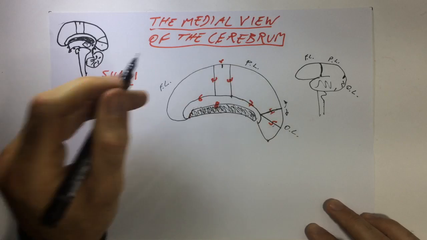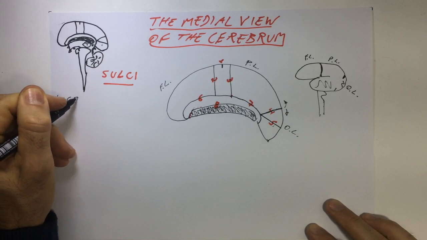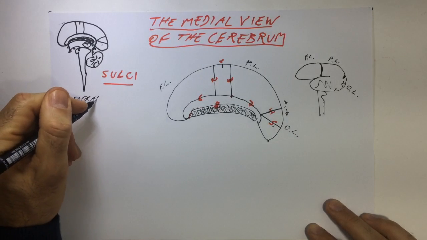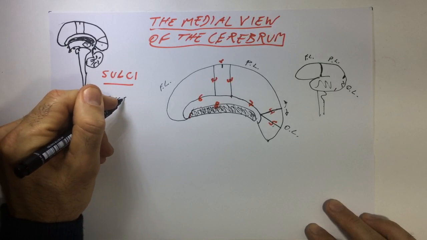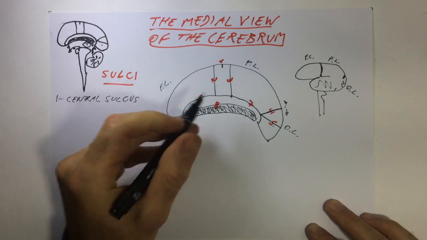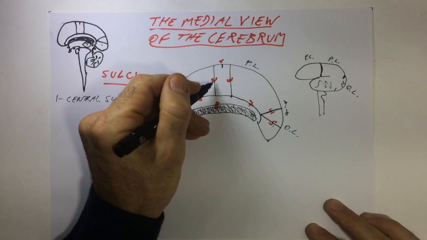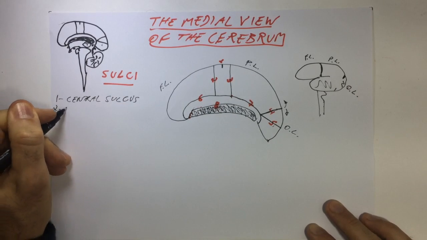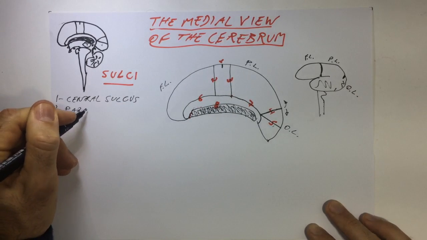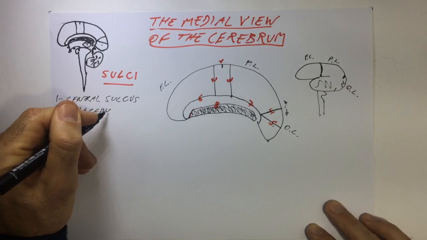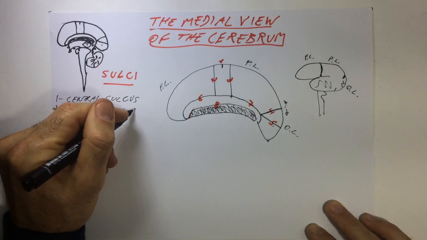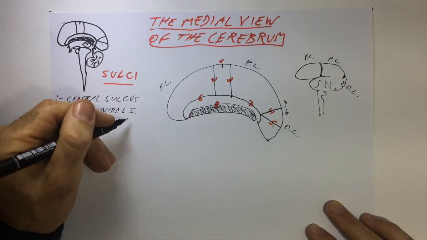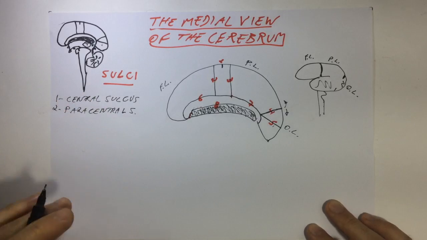So 1, that would be the central sulcus. This one here, 2, is called paracentral sulcus.